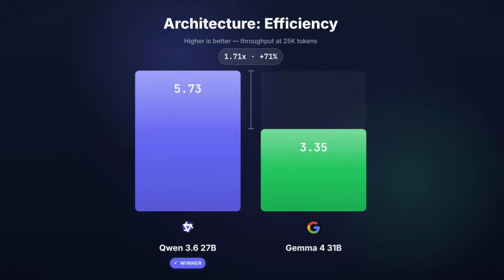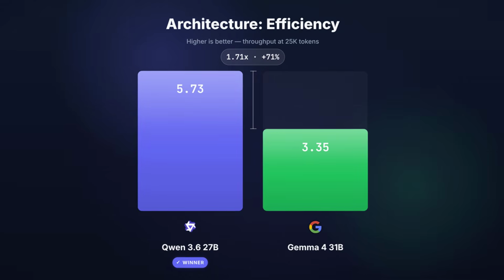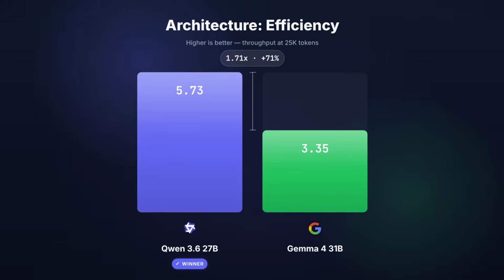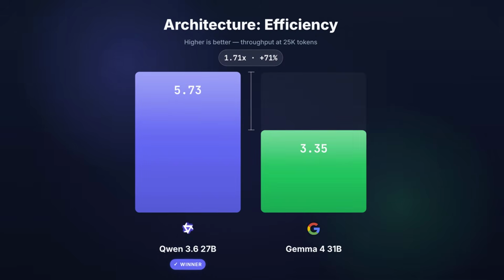DeltaNet's linear complexity means the performance hit is fundamentally smaller. Qwen degrades 29% from short to long prompts. Gemma degrades 38%. That architectural difference cascades into every measure: generation speed, prompt processing, and memory efficiency.